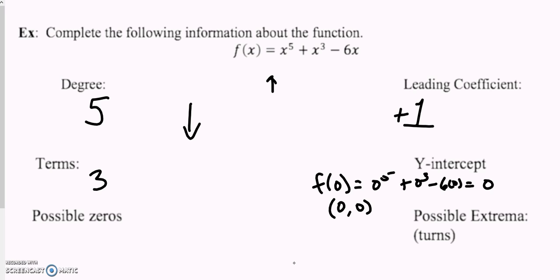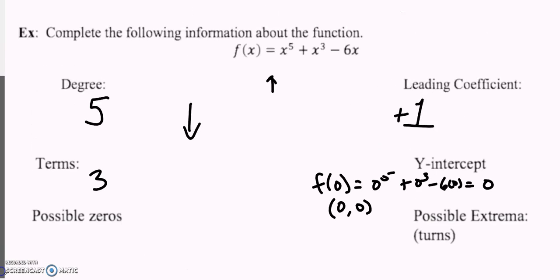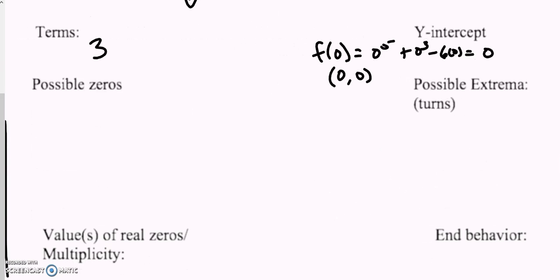The possible zeros is going to be equal to the degree of the function, and the degree of the function is 5. It doesn't mean we'll definitely have 5 zeros, but it means that 5 real zeros could possibly exist.